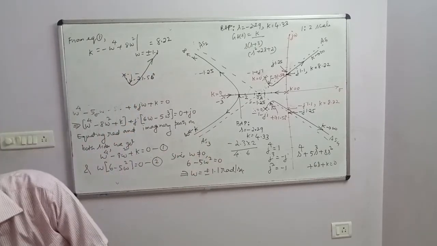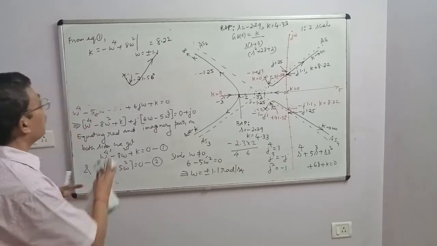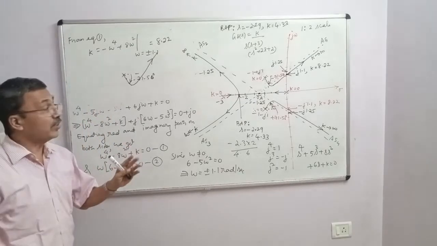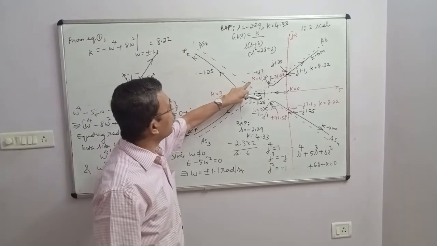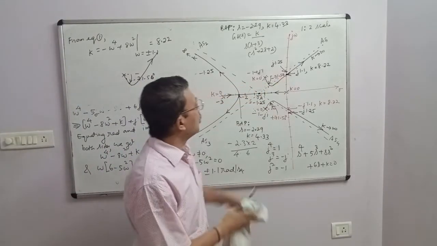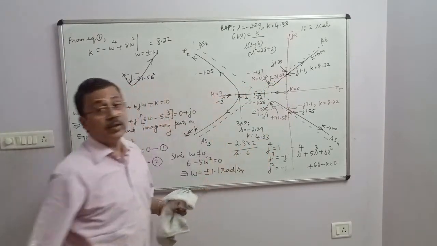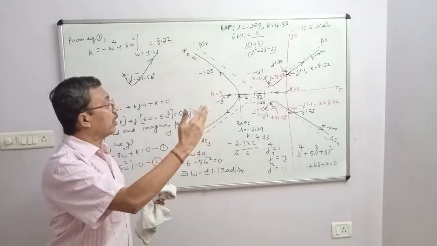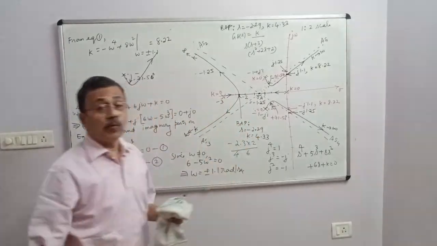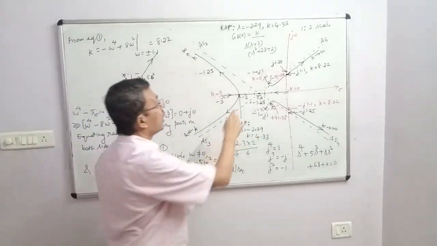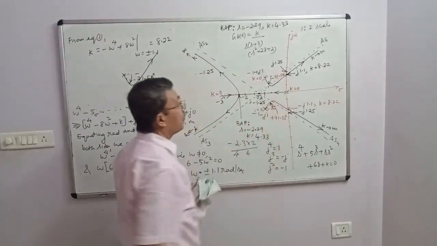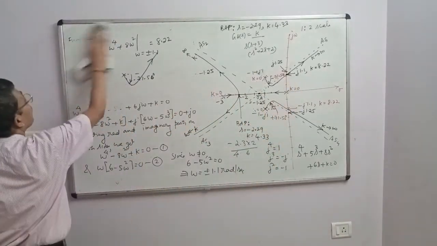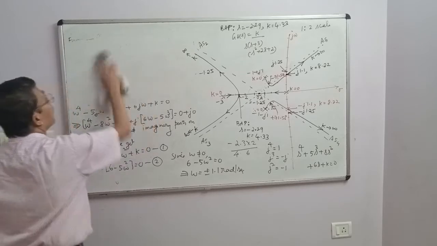For the closed loop system to be stable, the root locus must be confined to the left half of the s-plane. As k varies from 0 to 8.22, the root locus is confined to the left hand side of the S plane. Therefore, for closed loop stability, k should be greater than 0 and less than 8.22.